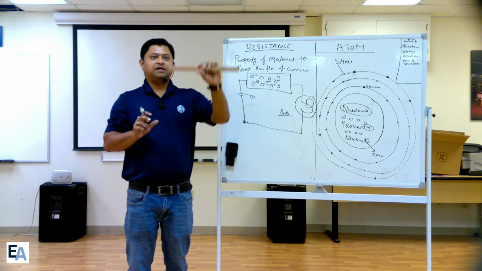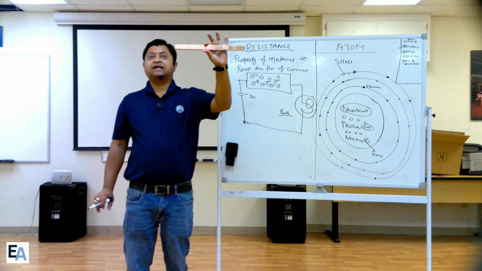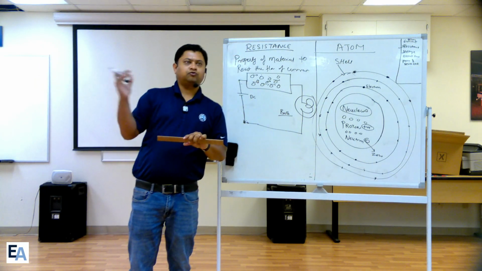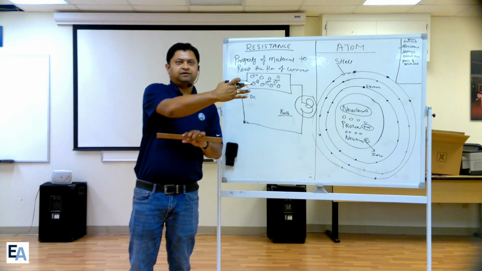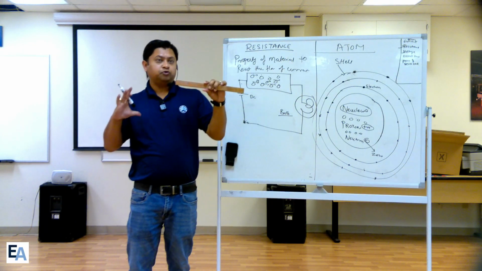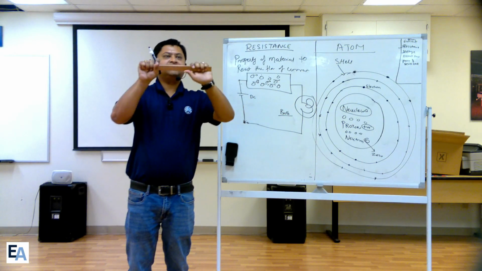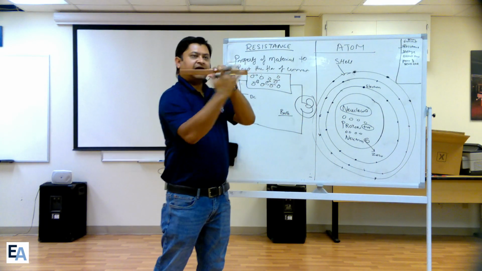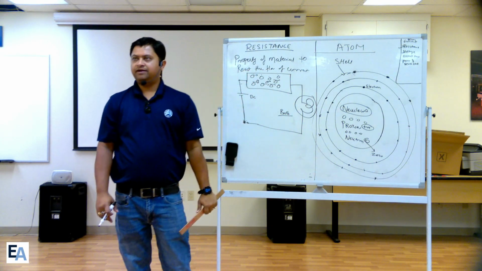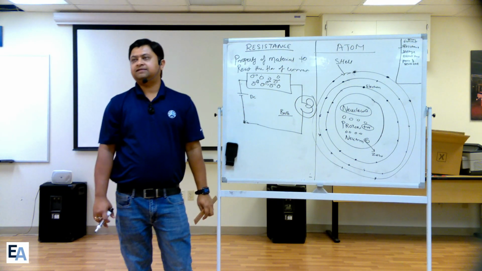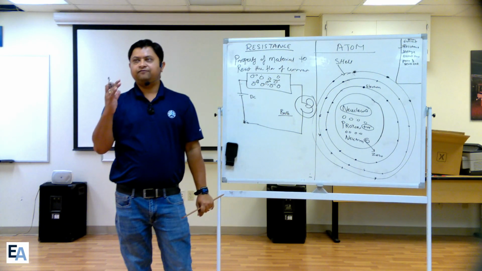So this is going to provide a resistance to the current. It is going to say, hey, I am not allowing you to enter through me. But because the voltage is pushing the electrons so hard, it cannot resist 100%. It will have the electrons flow through it. This is a very important factor in electricity, which is resistance, to resist the flow of current.